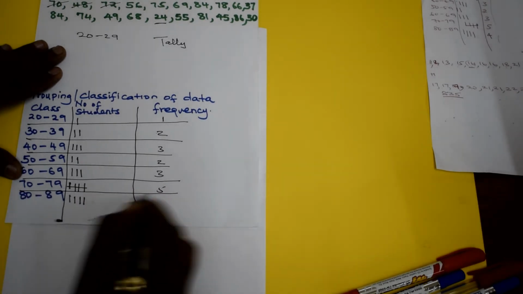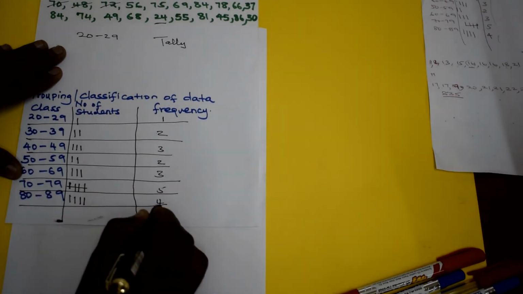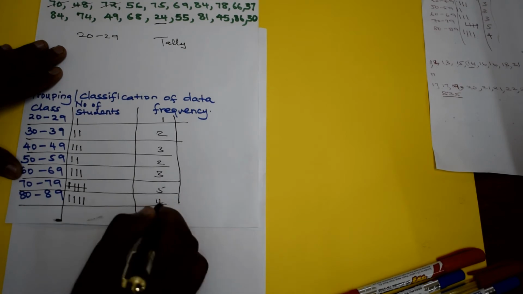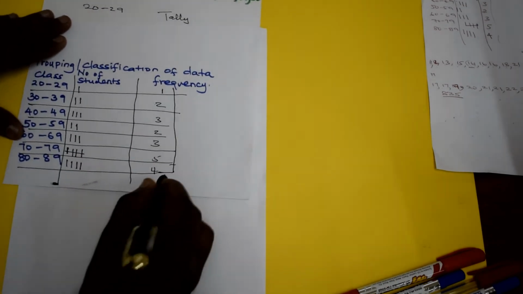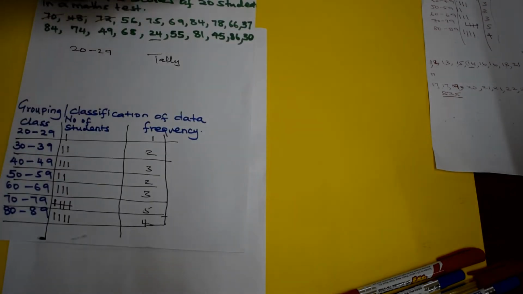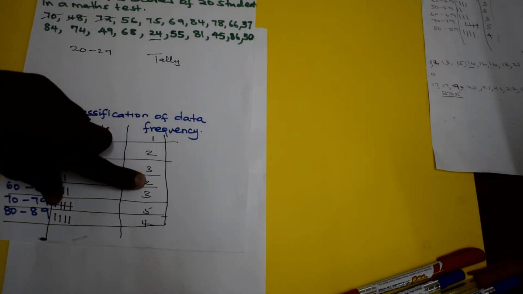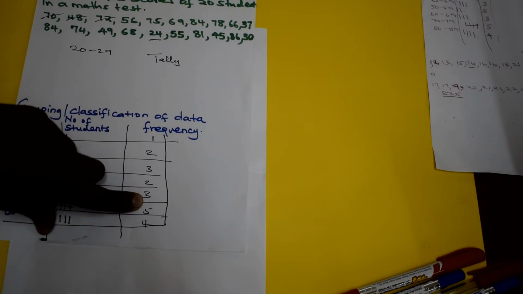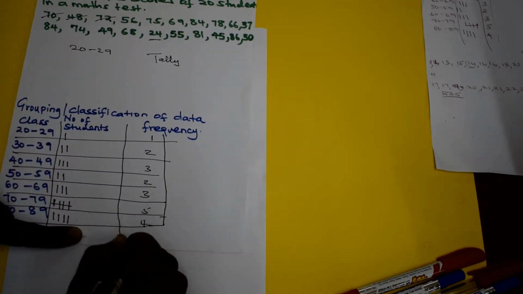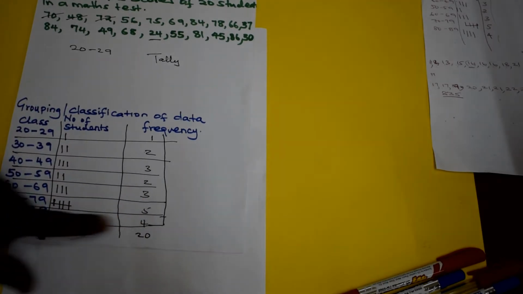Then we have 5. And we have 4. And remember, this should also add up to the set of data that we were given. So we had 20 students. So when you add this, we are going to have 20 items.